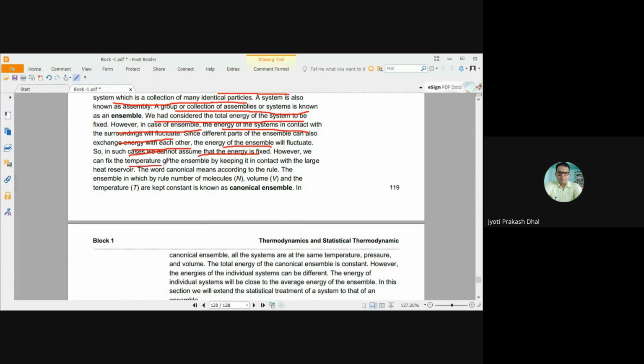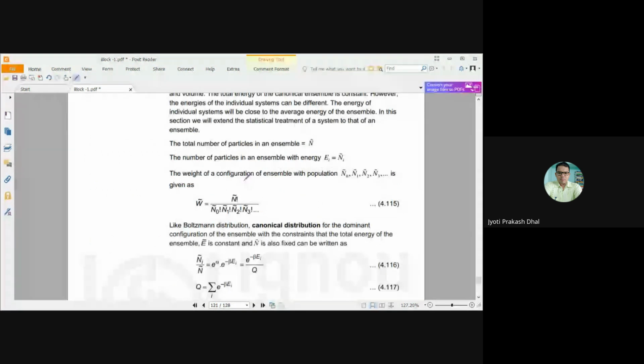However, we can fix the temperature of the ensemble by keeping it in contact with a large heat reservoir. The word canonical means according to the rule. The ensemble in which the number of molecules n, the volume V and the temperature T are kept constant is known as a canonical ensemble. So the total number of particles in the ensemble is n.